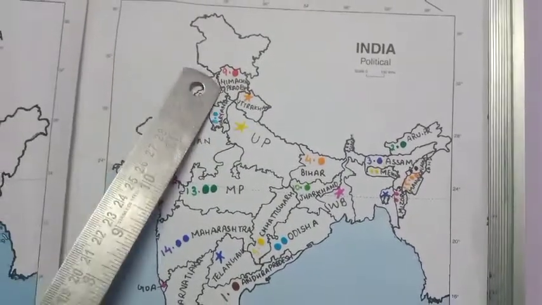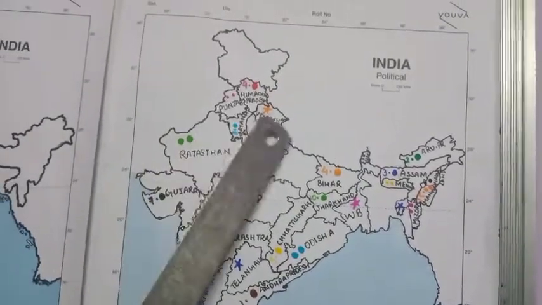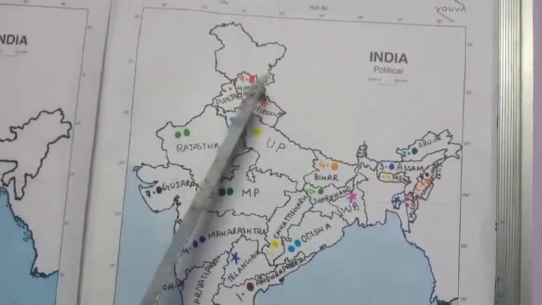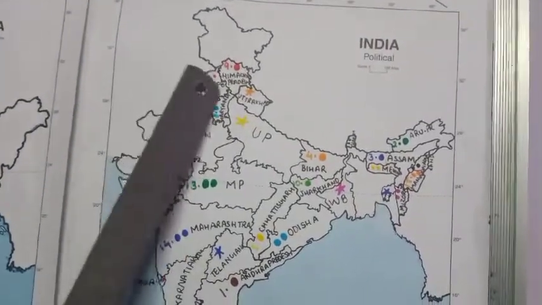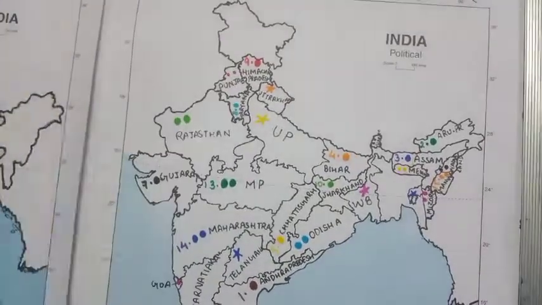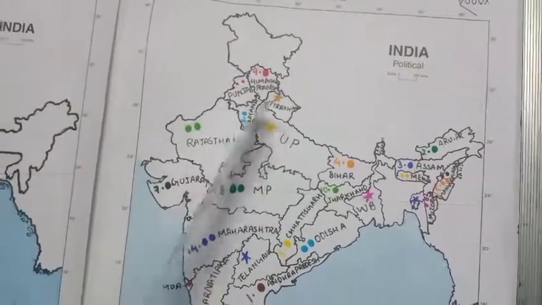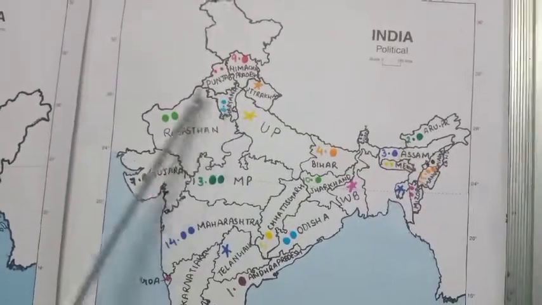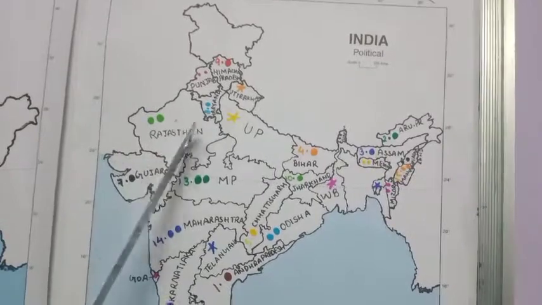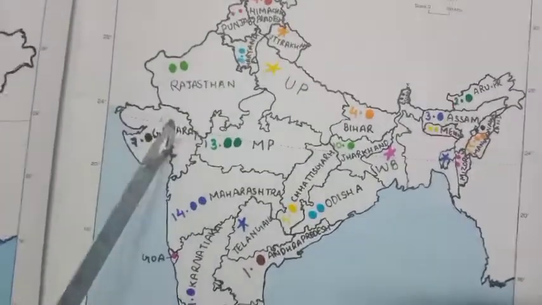Now just below it Himachal Pradesh, just below it Uttarakhand, just beside the left-hand side of Himachal Pradesh is Punjab, just below Punjab is Haryana, just below Haryana is Rajasthan, and on the west side is Gujarat.